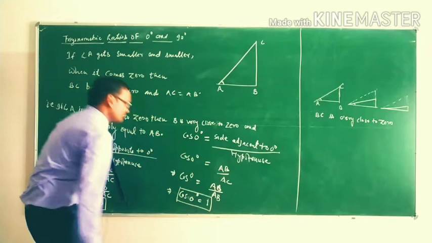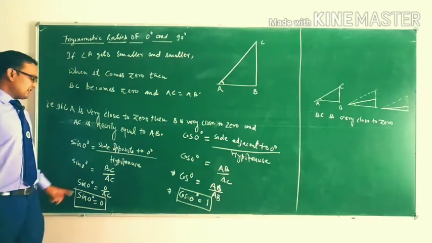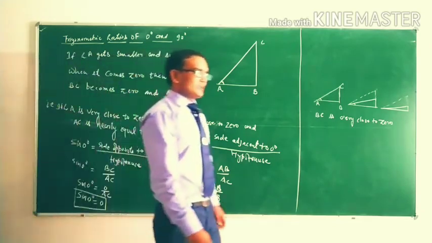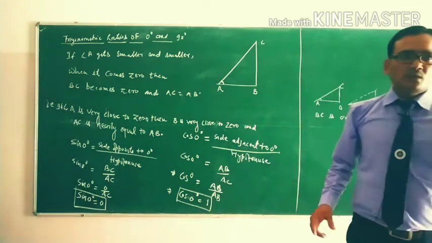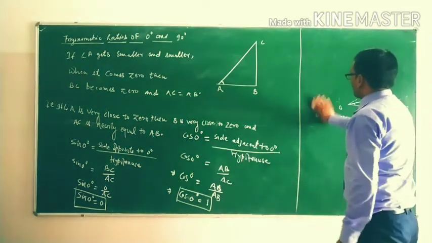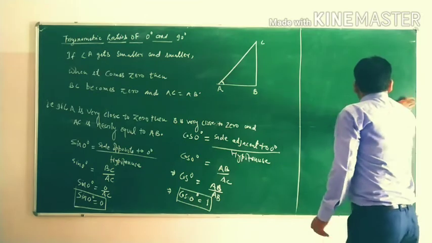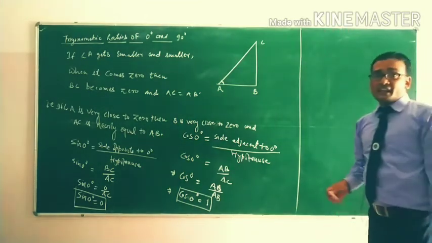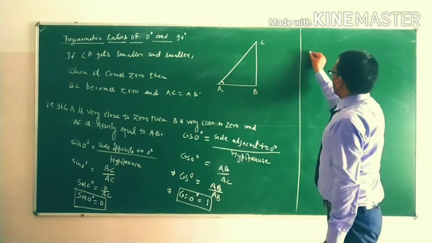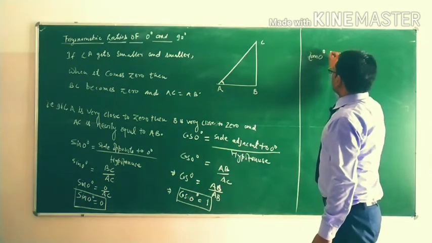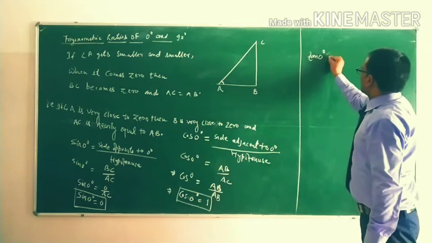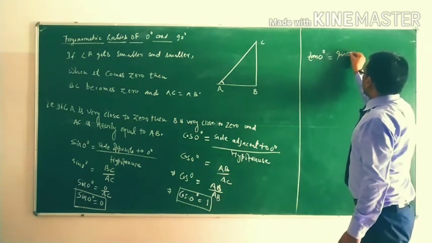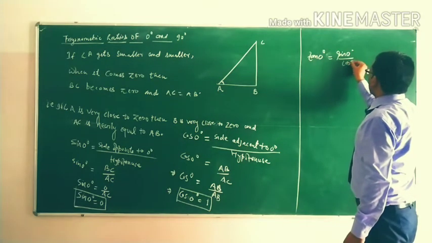Okay students, here we find the value of sine 0 is 0 and cos 0 is 1. Again we find the tan. The value of tan 0 is equal to sine 0 upon cos 0.